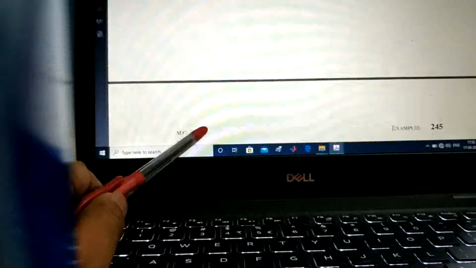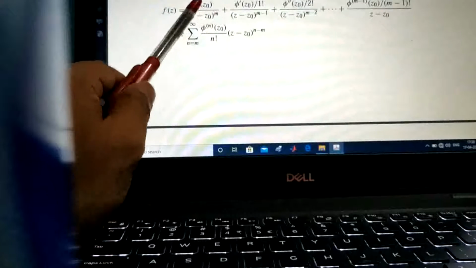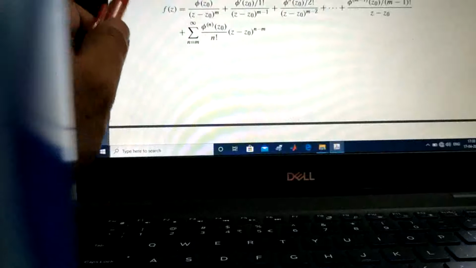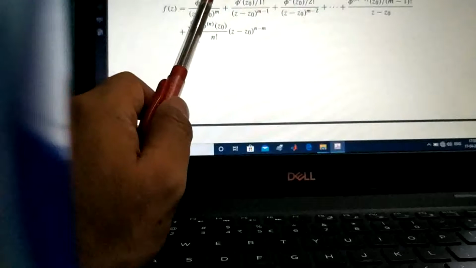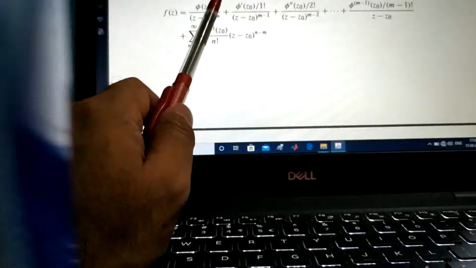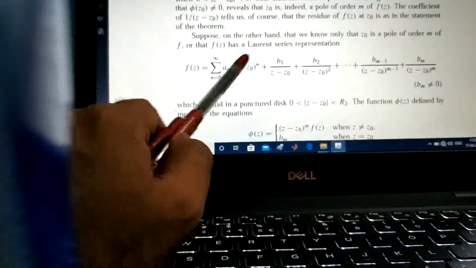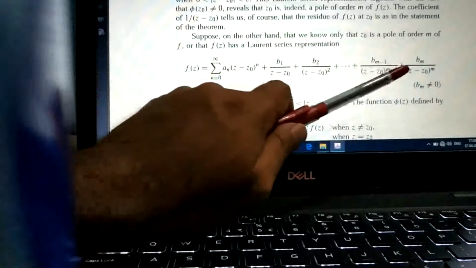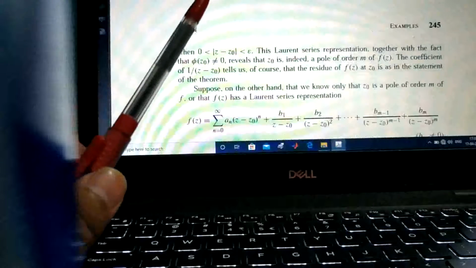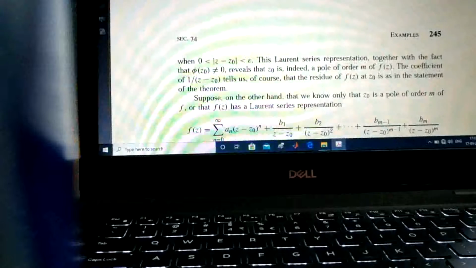Because this b_m, that is phi of z naught, is already provided in the assumption to be non-zero, as per the definition of a pole of order m, remember the definition, if a pole of order m is there, then b_m is not equal to 0, where taking the highest power, (z minus z naught) to the power m will be counted as the order of the pole.